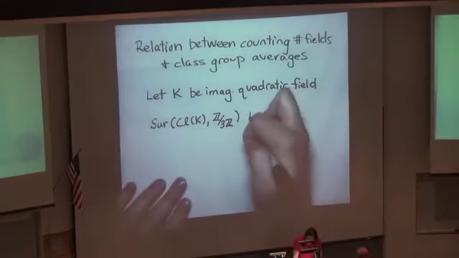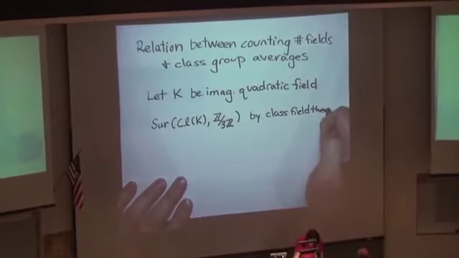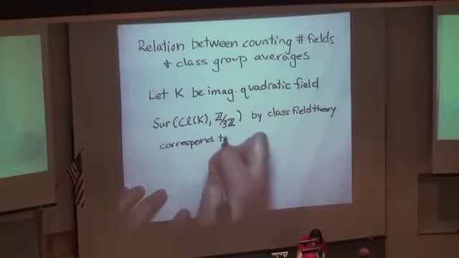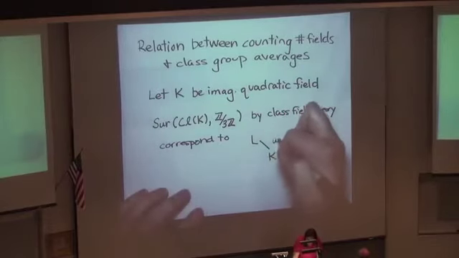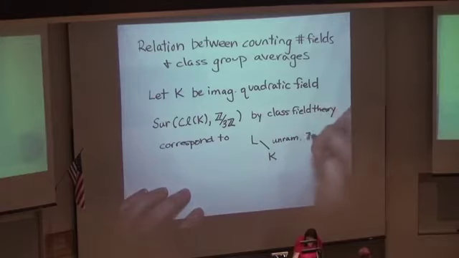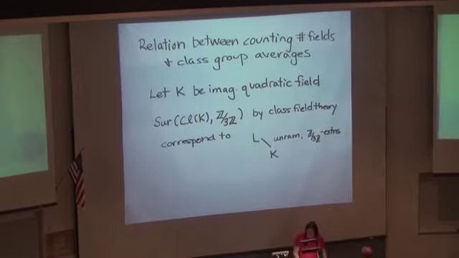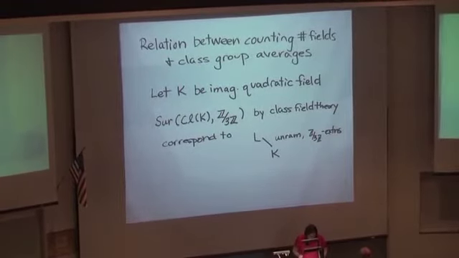These, by class field theory, correspond to unramified Z mod 3 Z extensions L of K. So I mean, L over K is Galois with Galois group Z mod 3, or Z mod 3 sitting inside of S3 if we're thinking of it as a permutation group, like we were talking about Galois groups the last time.